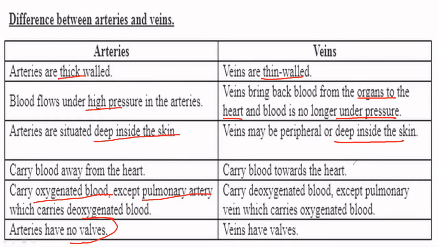They bring blood towards the heart from different organs. And which kind of blood? They carry deoxygenated blood. Veins carry deoxygenated blood except the pulmonary vein, which carries oxygenated blood. Valves are present in the veins.